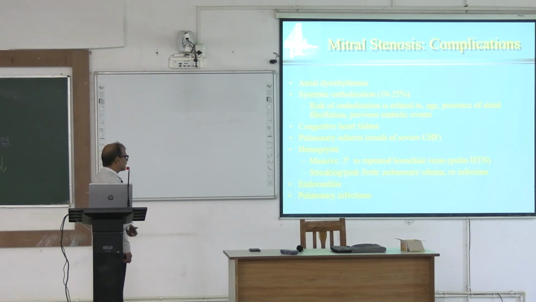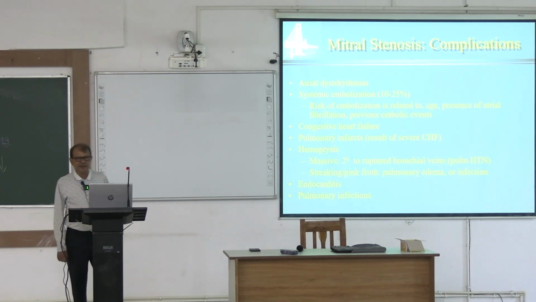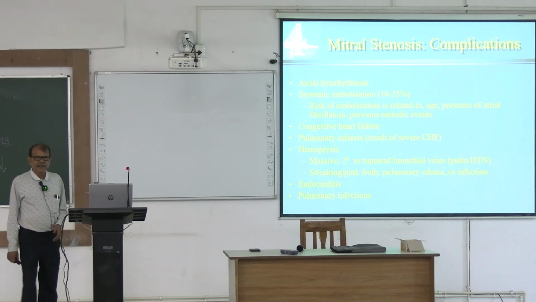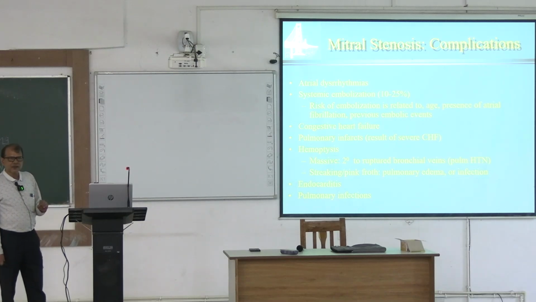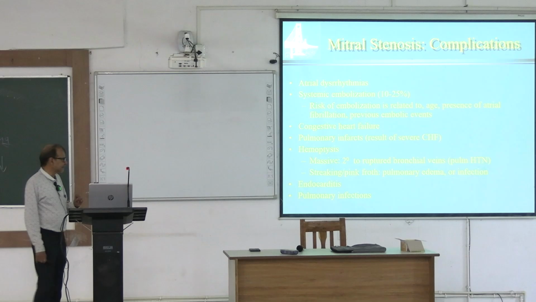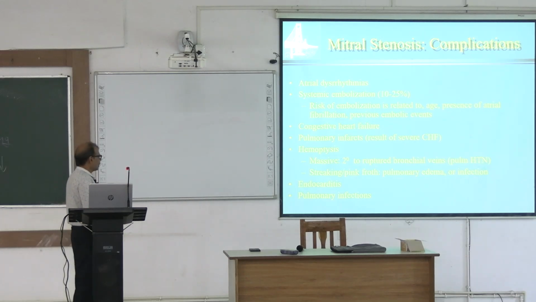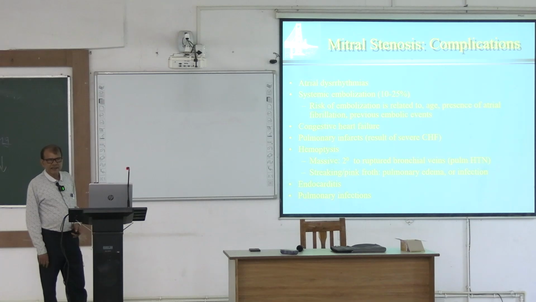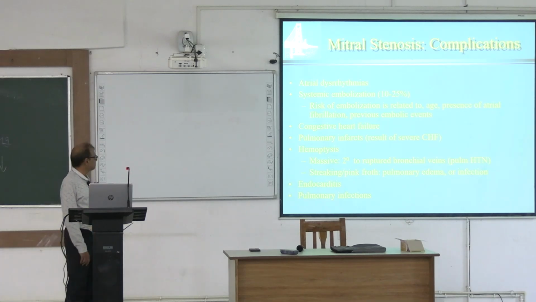Then hemoptysis, usually from ruptured bronchopulmonary anastomosis. And third, infective endocarditis. This is rare unless complicated by mitral regurgitation. And lastly, repeated pulmonary infections, especially in the winter months.